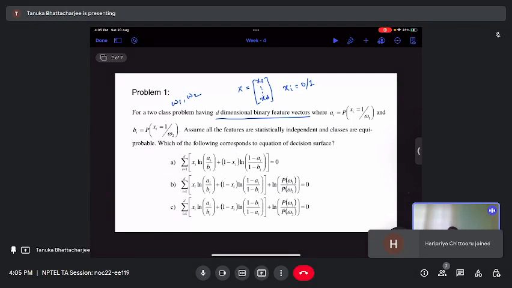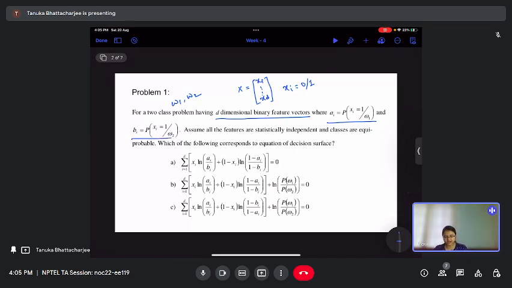It is also given that ai is the probability that xi equals 1 given the class is omega 1. So if the feature vector belongs to class 1, the probability of its ith element being 1 is ai.